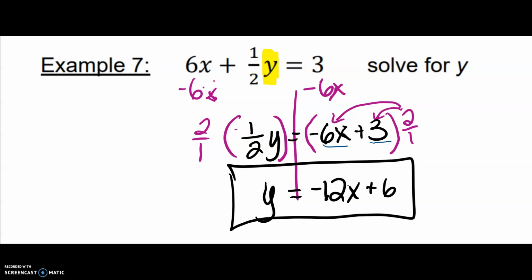If it had been some other number, you would have another number in front of your y, not a fraction, but a number, and you'd have to divide by that. So those are the same steps. You're just breaking that multiplying by the reciprocal up into more steps. You have 2 steps instead of 1.